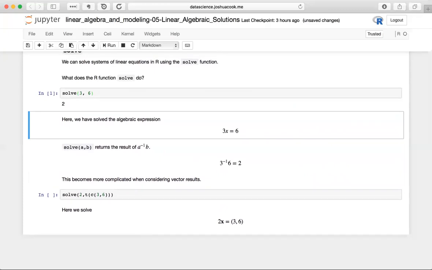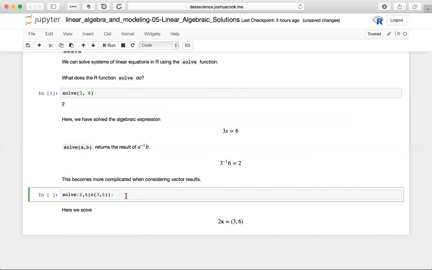So we could also do this for vector operations. Let's say we have solve, and I had to use this little transpose here. This was one of those cases where I had to use the transpose. It didn't work if I didn't use the transpose right here. A lot of times it won't matter. In this case, it mattered, so I had to use it. I needed to pass in a row vector in order for this to work. So I'm solving 2 times the vector 3, 6. This is going to give me the result of x equals 2 inverse times the vector 3, 6.